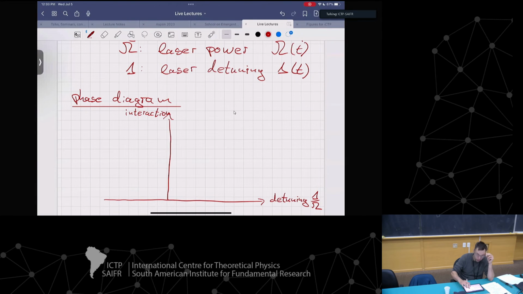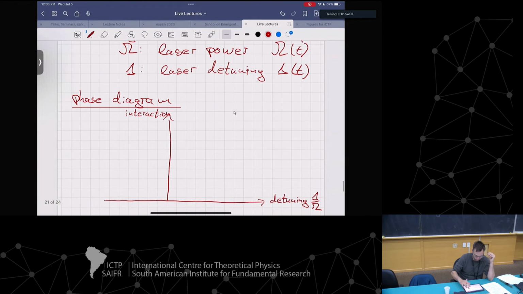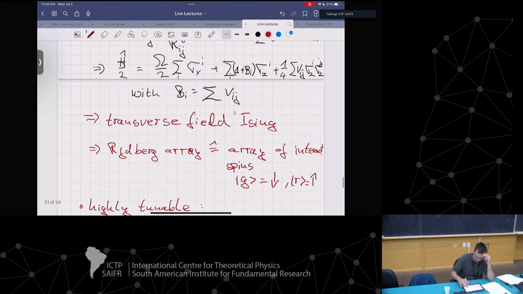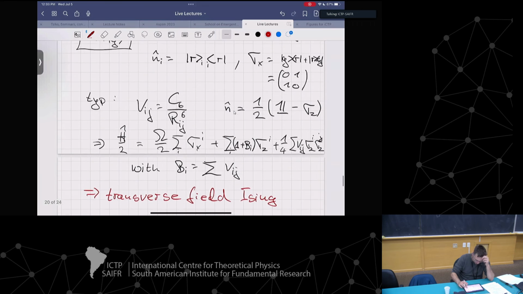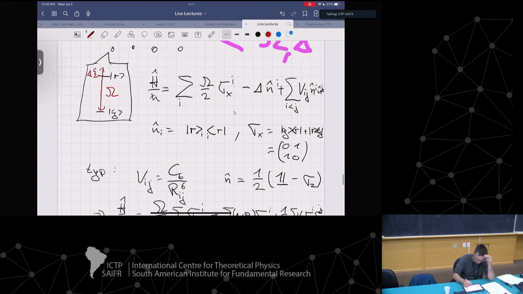Let me briefly scroll back up to the Hamiltonian. I think the connection to the Ising model is nice. For me, as an experimentalist, I always like to think of this Hamiltonian. It's only replacing the n's with sigma z's, but you see, I think, a more intuitive picture here. What I first want to focus on is the role of this delta. The delta basically tells you how much energy it costs to put a Rydberg atom on the array.